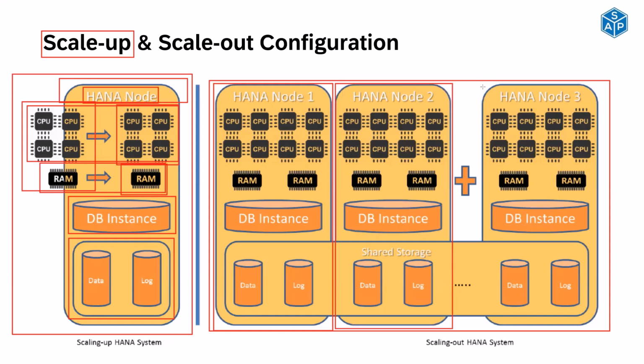Then you keep on adding nodes till the time you want to increase the capacity of your HANA instance. Means we are adding more VMs? Yes, you are adding more VMs or more physical servers to your existing setup. This is called a multi-node, multi-host configuration.